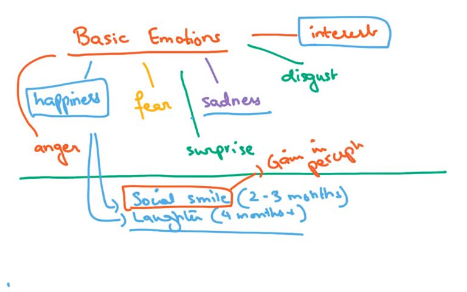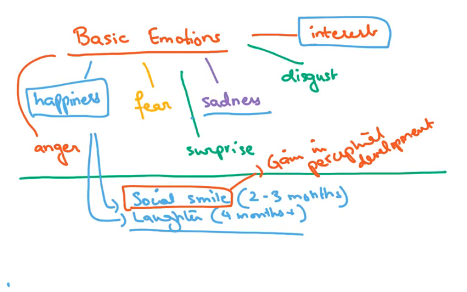And that gain in perceptual development comes about in the form of them beginning to recognize faces. So they look at a face and they know that this is another person, and they will smile at the face, right? So that's the difference.